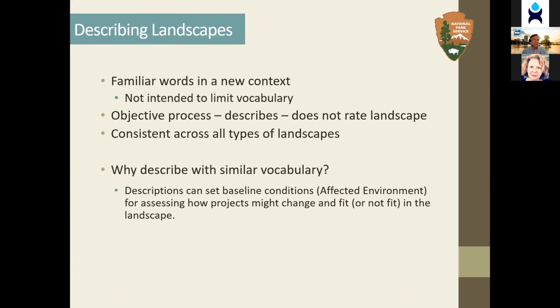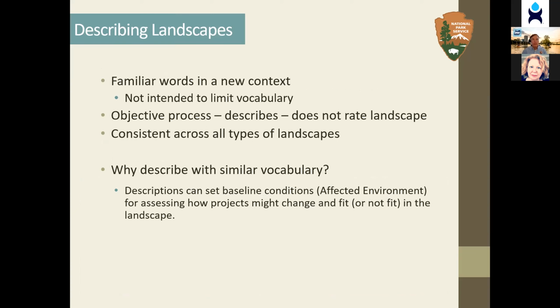So, as mentioned, these are familiar words in a new context. One of the key things is that using similar terminology makes it easier to set a common baseline condition. That way, all the people communicating about the landscape use similar terminology, so there's better communication.